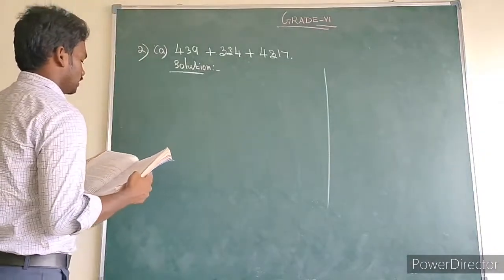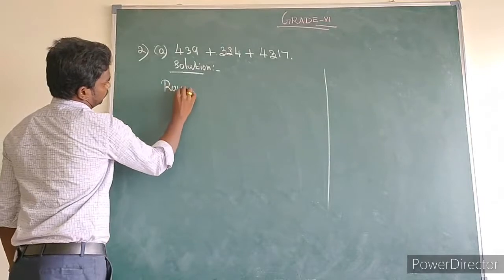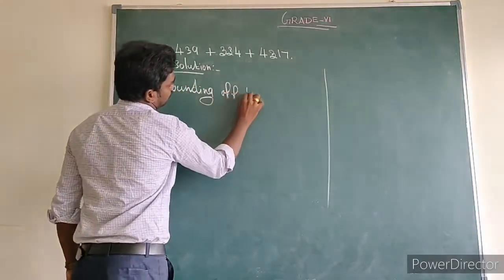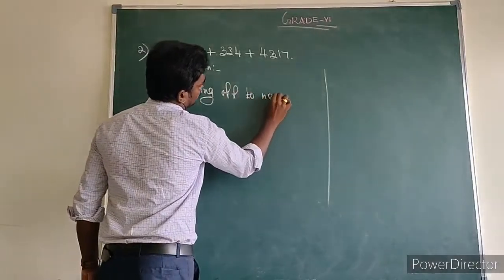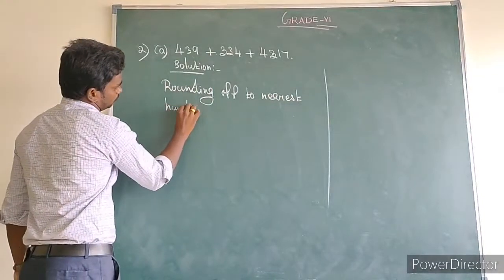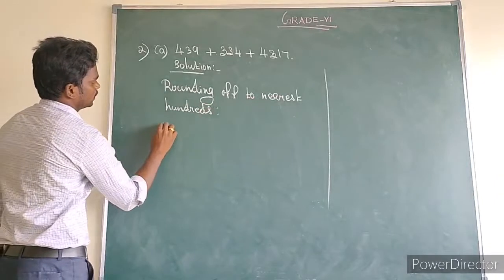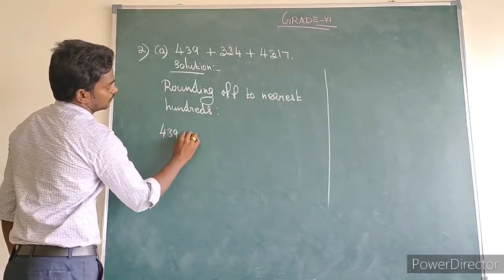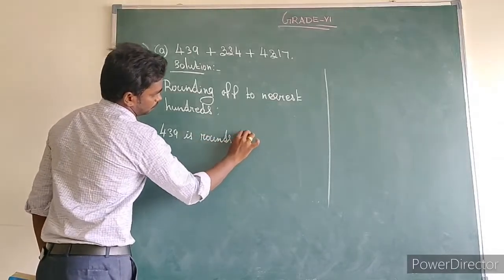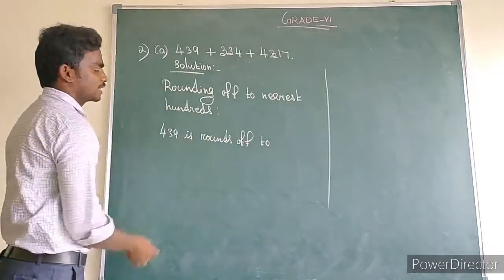First, rounding up to nearest 100. So 439 rounds up to what? What is the nearest 100 for 439?